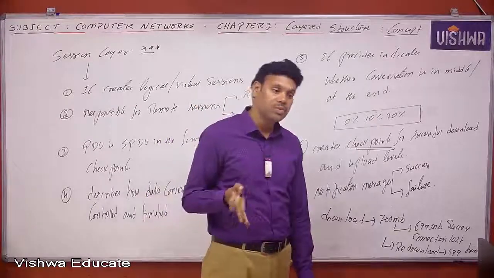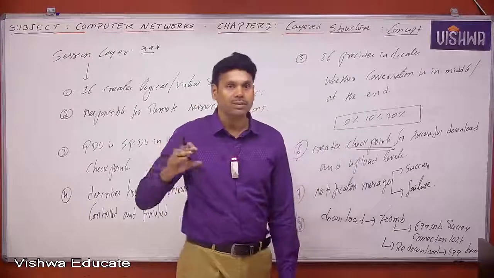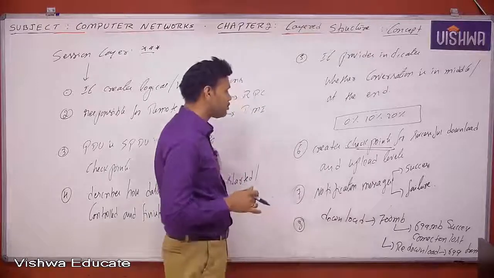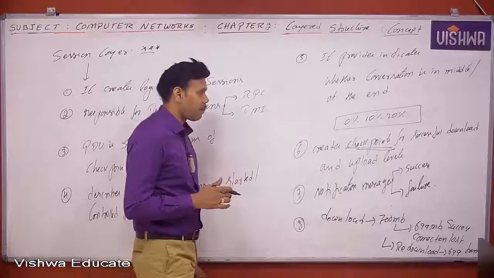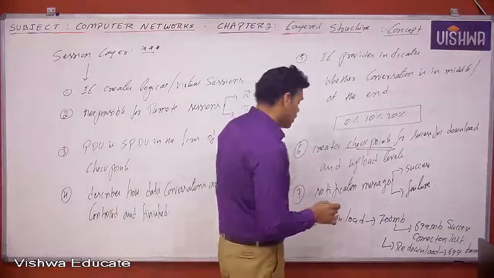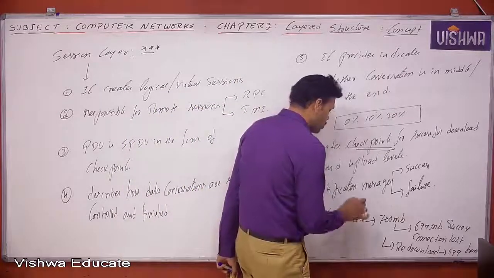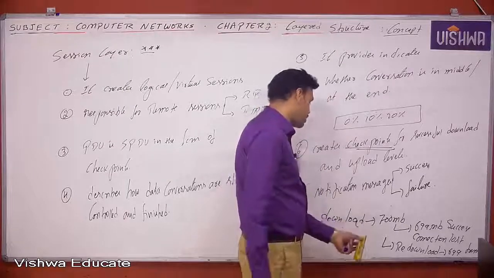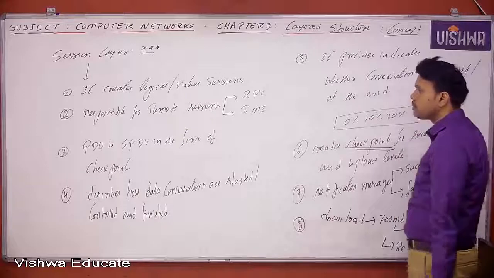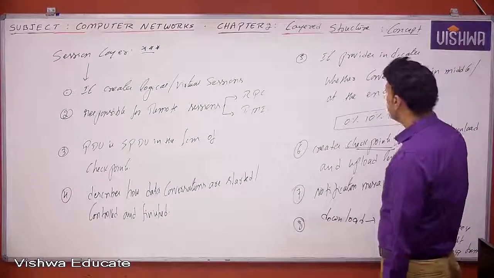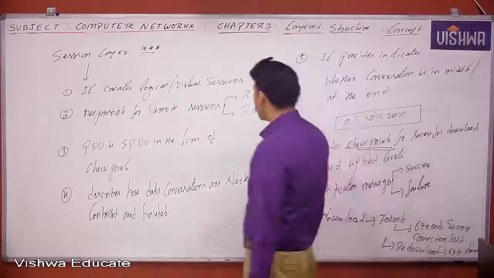Otherwise, you would have to download from 0. This is a very important point about checkpoints. Checkpoints are the ultimate responsibility of your session layer, so based on the checkpoints only, you can restart the download from a certain point.